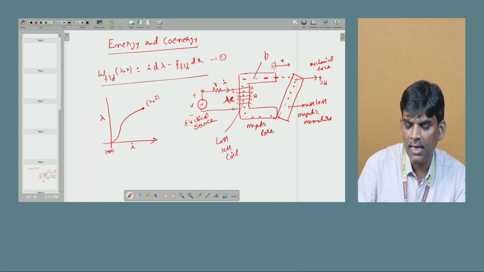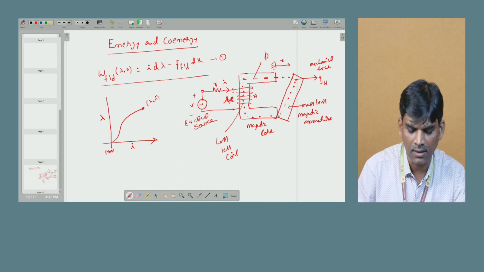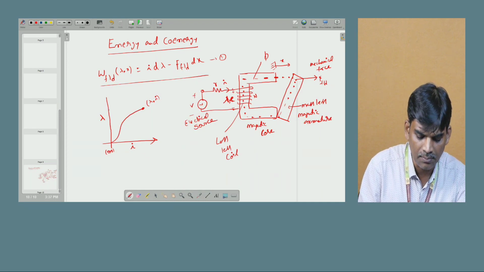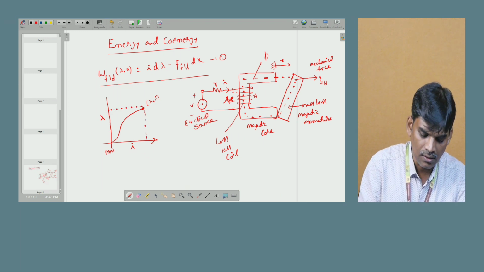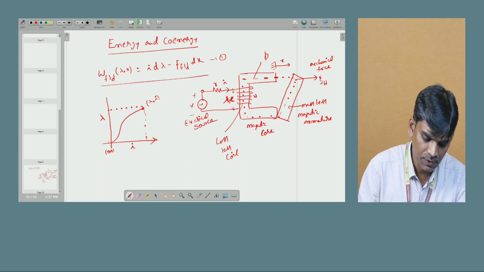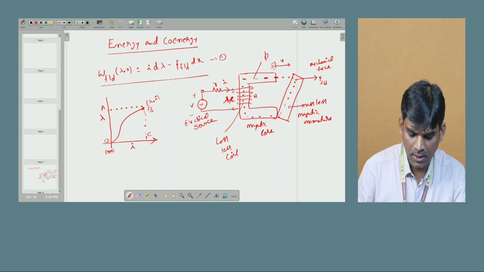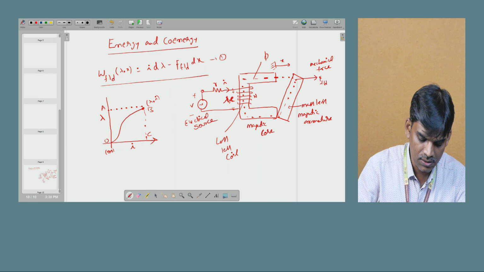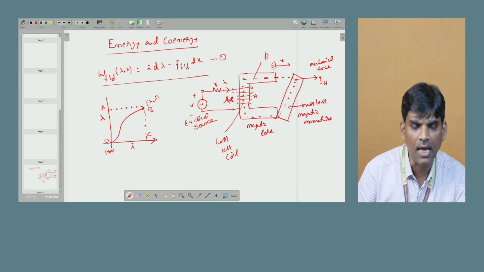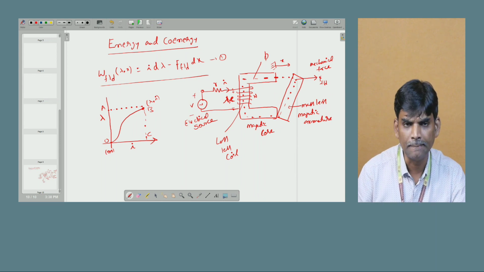But how do we calculate this energy mathematically? We take this graph, and you can name the points A, B, C. The state variables change from 0 to some lambda and from 0 to some i.